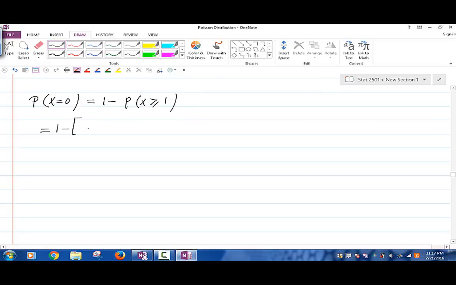Notice that that's the same as the probability that, remember X is the number of successes, that is X is the number of men who keep their hats. So this is the probability that either man 1 keeps his hat, or man 2 keeps his hat, or man 3 keeps his hat, and so on.